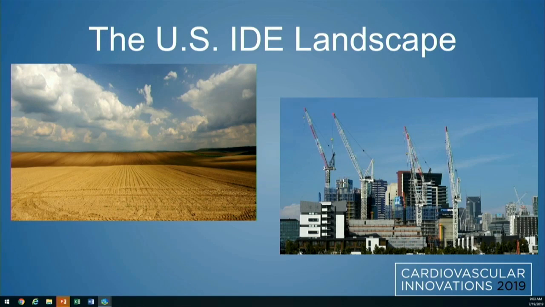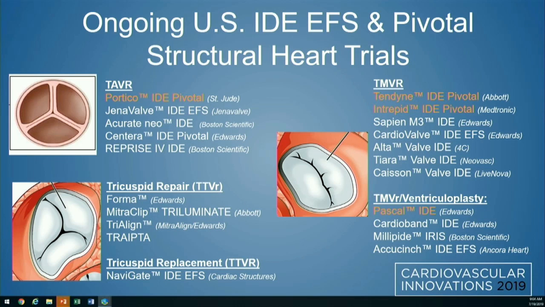The US IDE landscape has changed tremendously in the last few years, and this is in large part because of the success of the FDA Early Feasibility Study program that's now a few years old. We've really been able to recruit many of these EFS device trials to the US, and that has dramatically changed the landscape of options available to us as investigators and to our patients. We're grateful for that, because historically this, of course, was not the case.